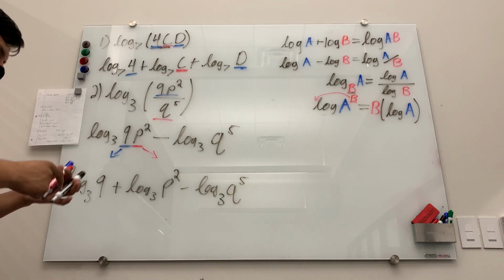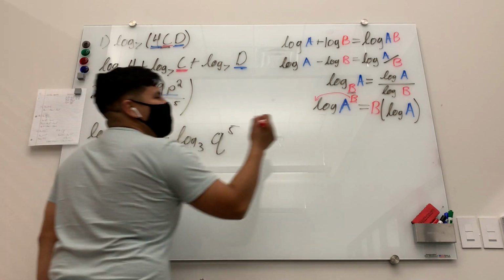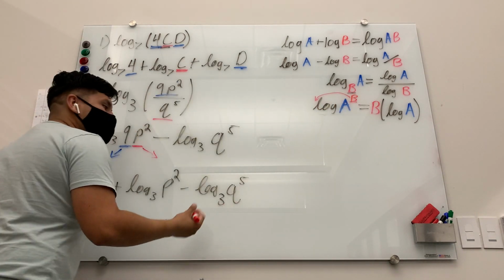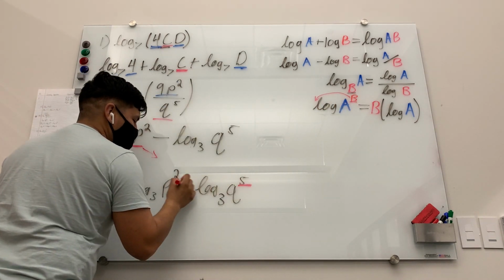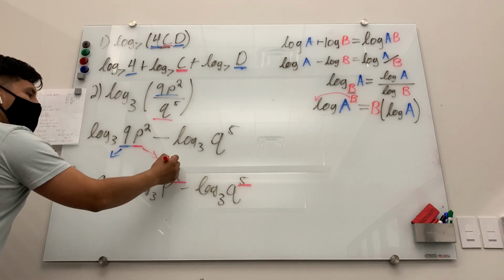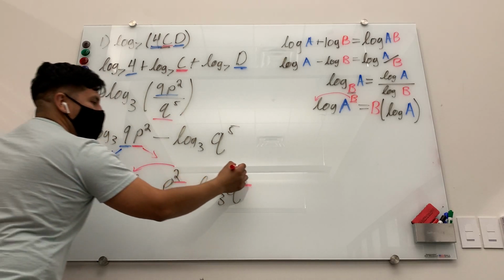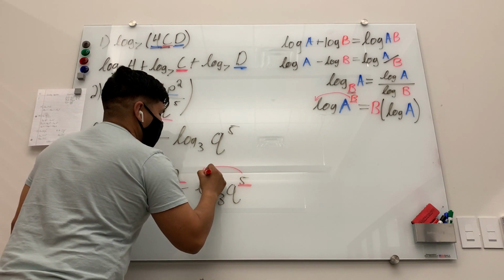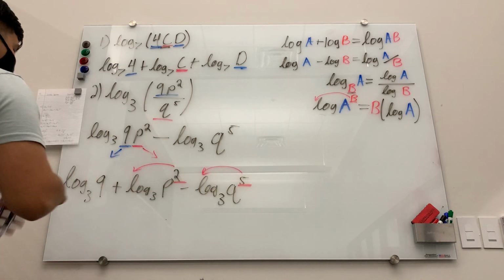All right, we're almost done. Last thing that we have is exponents, and we need to get rid of these exponents. We need to expand them out one step further. With the properties of logarithms, we can bring these exponents out front.